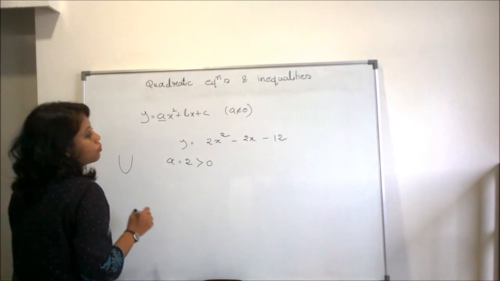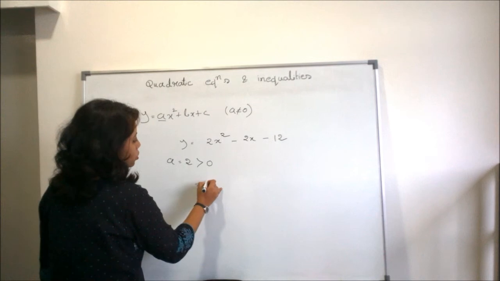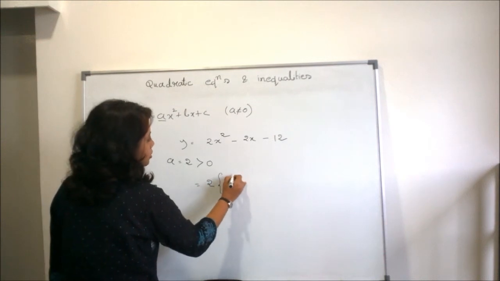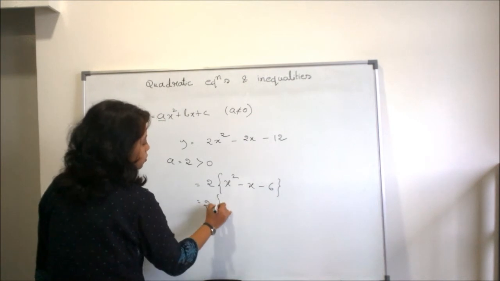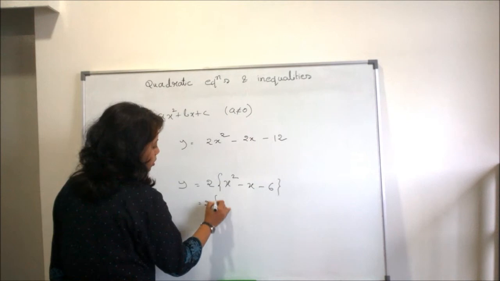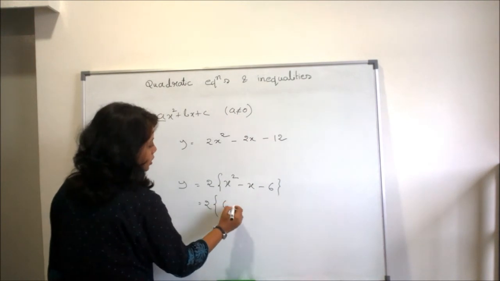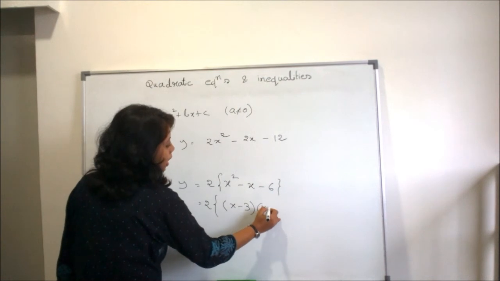Now we will factorize this as before. 2 is common here: 2 into x squared minus x minus 6. So if we factorize it, it becomes 2 into x minus 3 into x plus 2.